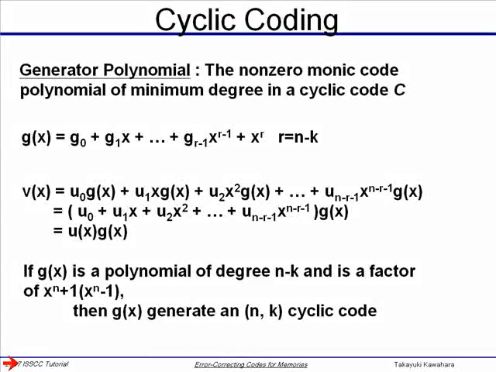And then the generator is also a polynomial. First, we assume n minus k is the order of the generator polynomial.